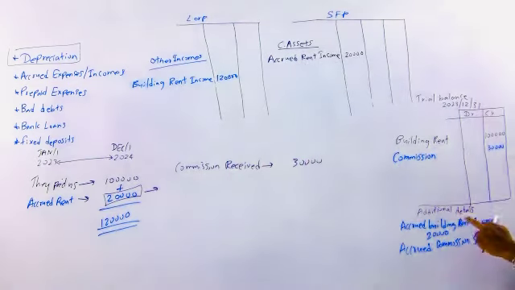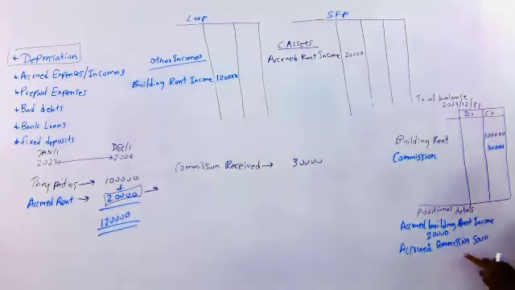And now, for additional details, they have mentioned accrued commission as 5,000. What's that mean?